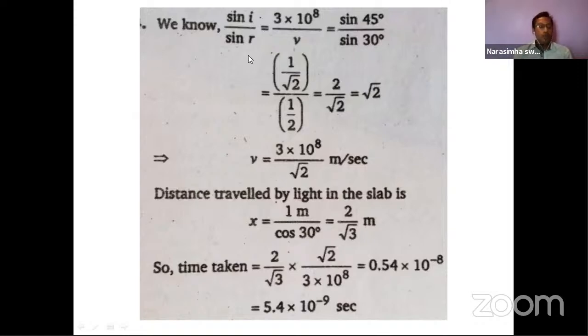Right? So we know the sin i by sin r formula. Sin i by sin r is equal to the ratio of velocities of both the media.